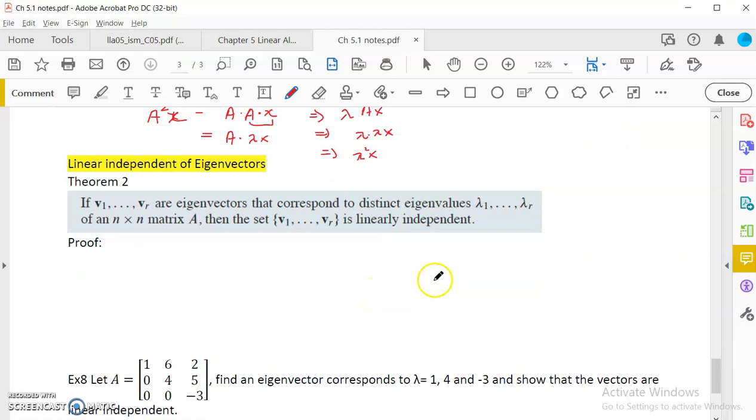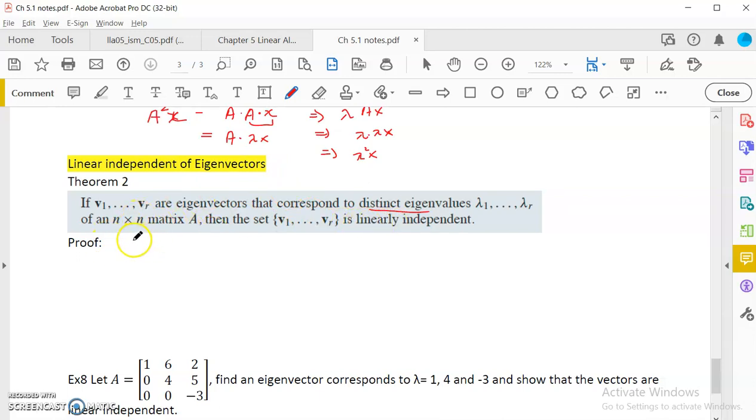Some more properties of eigenvectors. This theorem says that if v1 to vr are eigenvectors that correspond to different eigenvalues, then the set v1 to vr is linearly independent. So you have all different eigenvectors, then you have linearly independent vectors.